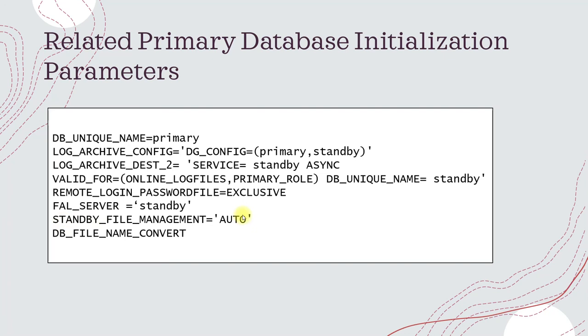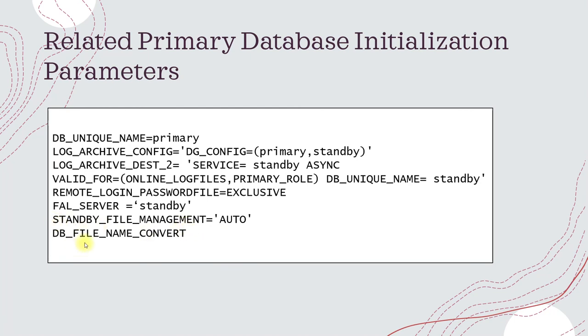Standby file management must be auto, and the DB file name convert parameter should be set up, but it is not a must. If the directory structure of primary and standby is the same for the data file location and for the redo log location, then you don't need to set up the db file name convert. And if OMF is set up, then you don't need to worry about it either.